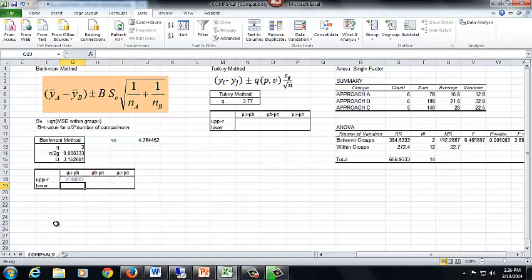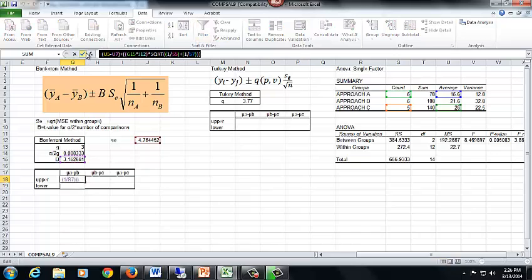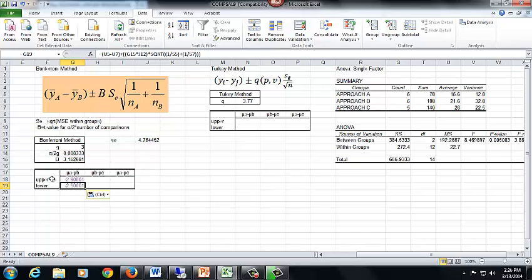And then I'm going to repeat the same process. So I'm just going to be lazy and Control C to copy these numbers, Control V, paste them in there down there. But for my lower bound now, it's going to be negative.